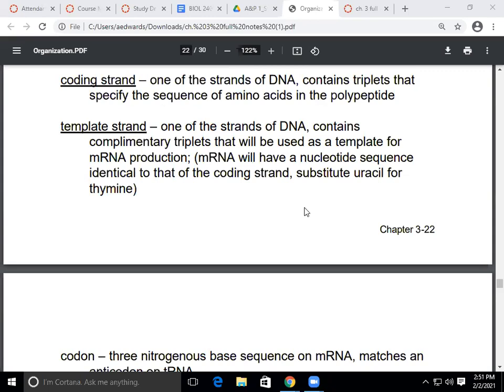G base pairs with C, T base pairs with A, C base pairs with G. What do you notice about the mRNA strand and the coding strand? The only difference is the uracil, right? That's what I was trying to say. I felt like I could show it to you better than I could tell you. So that's what that means.